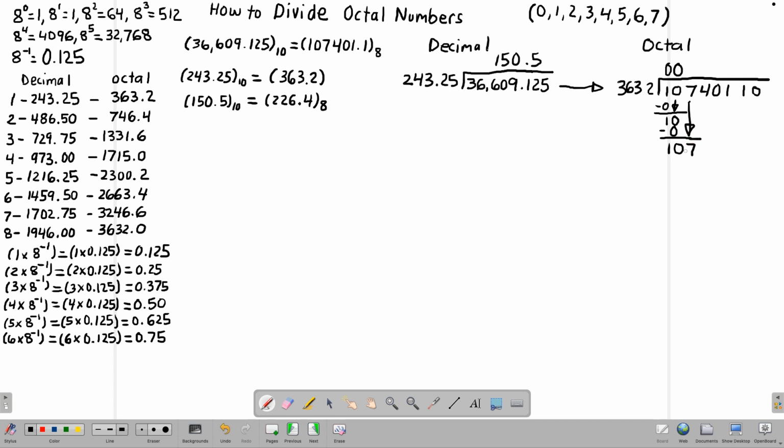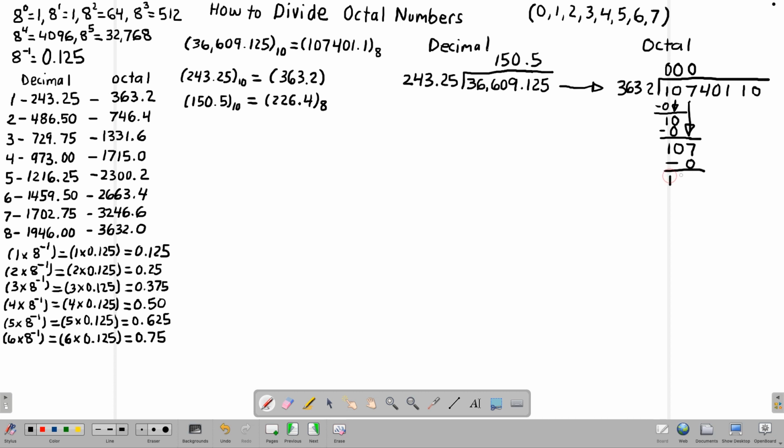So next we begin the process again. Does the value 3632 divide into the value 107? The answer is no. So it's another 0 that goes to the top. So we multiply 0 times 3632 and we have the value 0. We subtract.